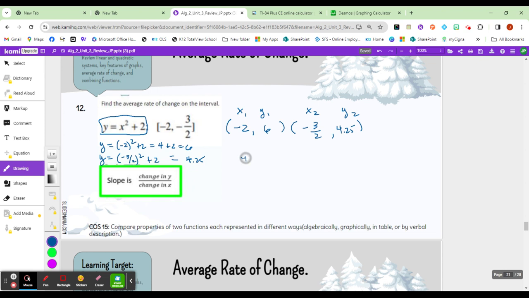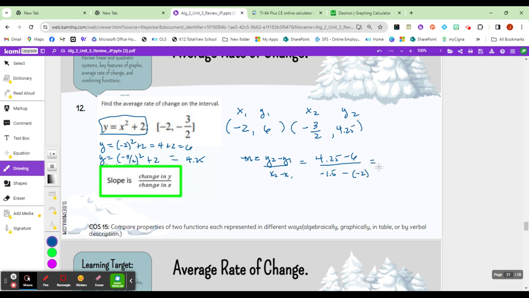And then I want to work the slope formula. The slope formula is y2 minus y1 over x2 minus x1. So that's 4.25 minus 6 over -3/2, which I'll do as -1.5, minus a -2.